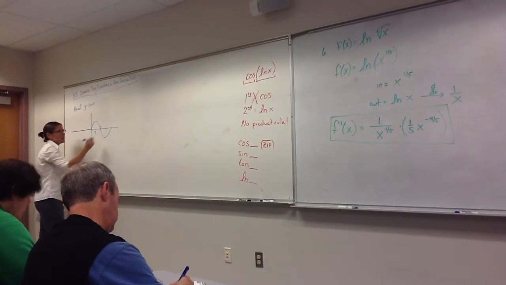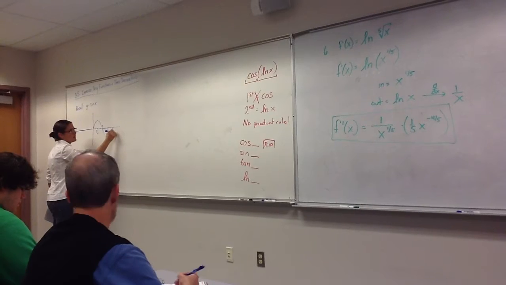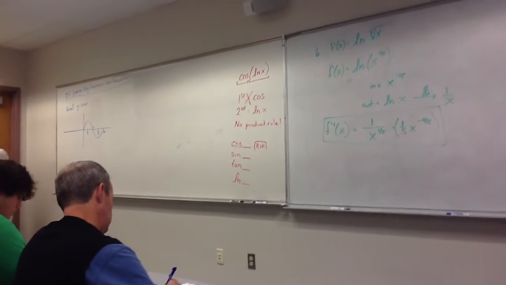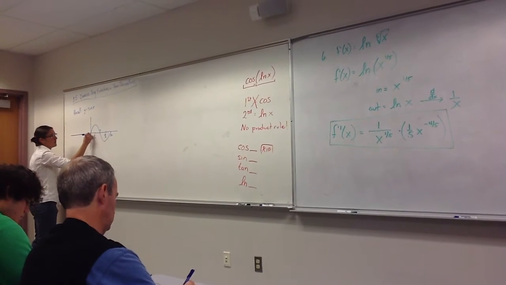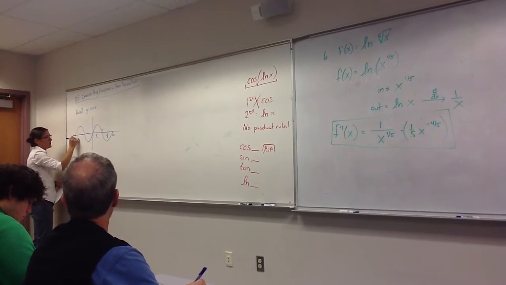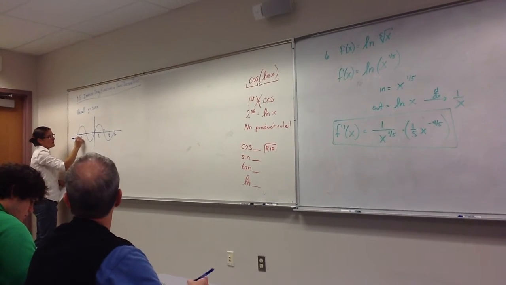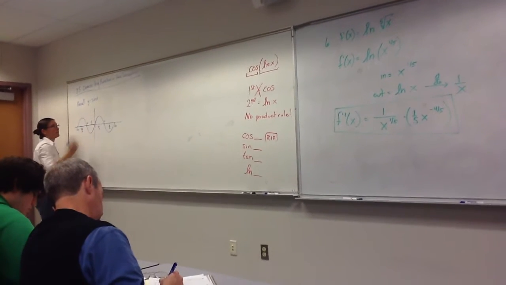I've got an x-intercept at pi, bottom of the valley at 3 pi over 2, and another x-intercept at 2 pi. And then I can repeat this cycle off to the left here. And so I have corresponding angle labels on the left, but they're negative.